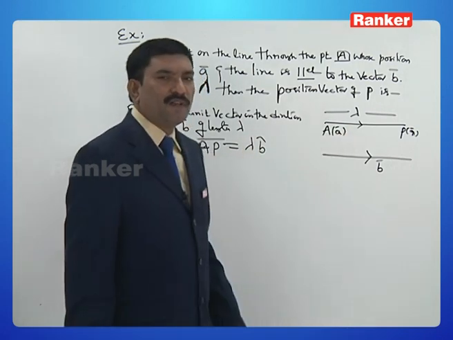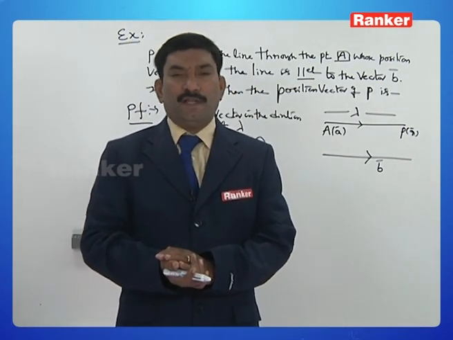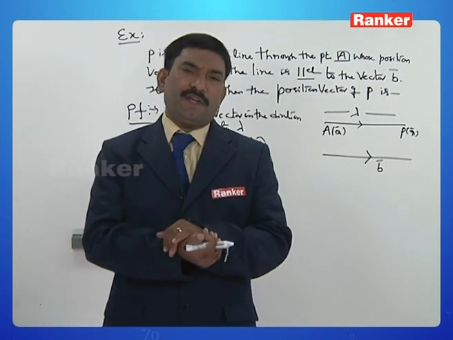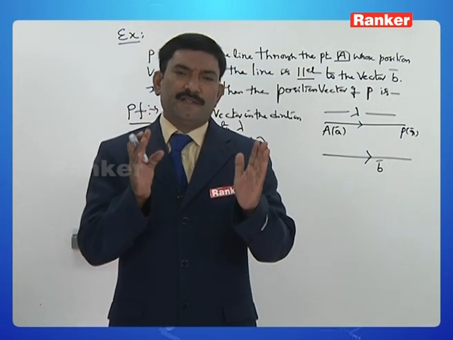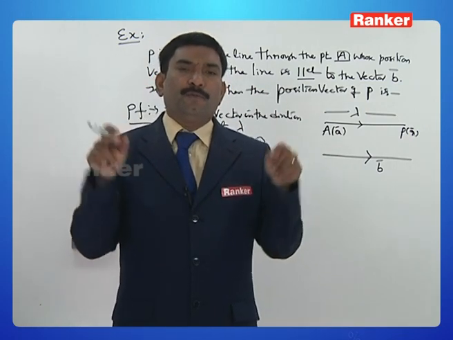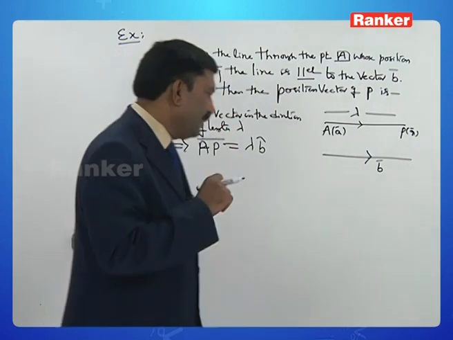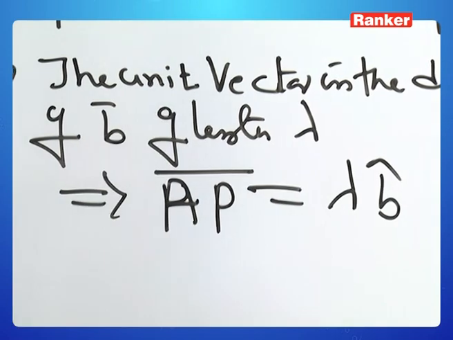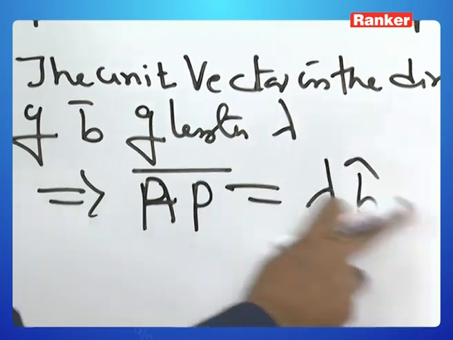Once again its length will be lambda. As I told in earlier classes, the vector of length lambda directed along the internal bisector of a bar and b bar is lambda into (a cap plus b cap) by modulus of (a cap plus b cap). So in vectors, if you want a vector of any required length, you always multiply that length with the unit vector. I want a vector along b cap of length lambda, maybe in the same direction, maybe in the opposite direction: opposite direction minus, same direction plus.